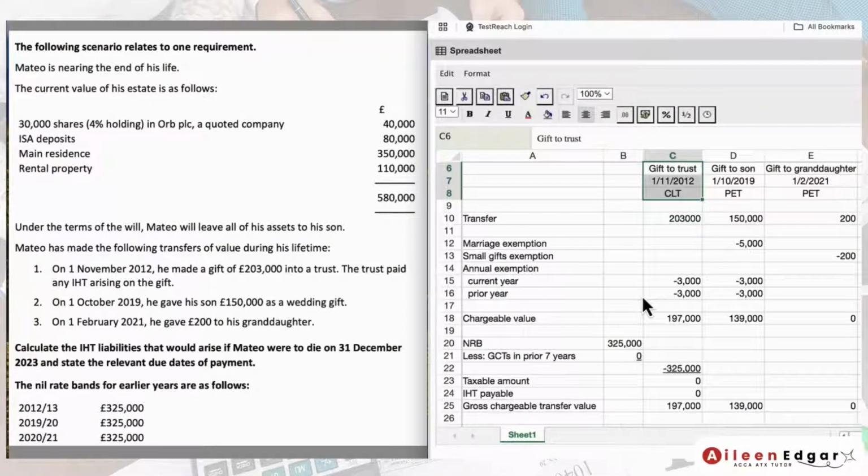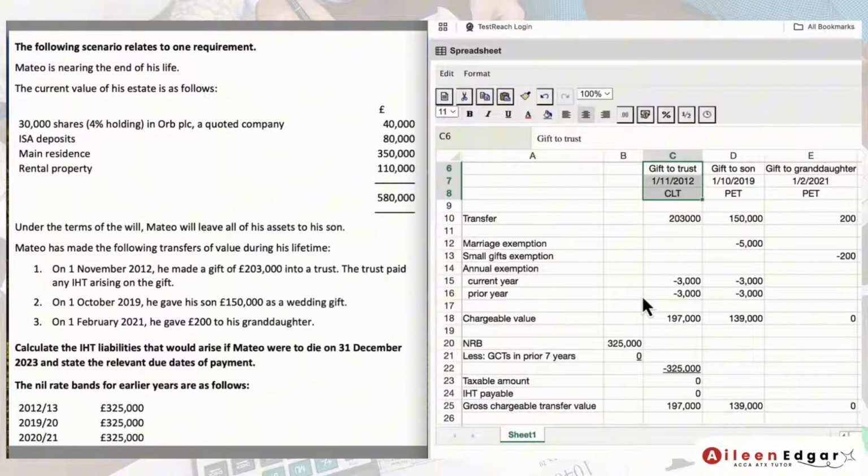And what that means for us is that we're not going to recalculate the tax calculation that we did previously. There is no need. If there had been some tax payable during the donor's lifetime on that gift to the trust, we wouldn't be adding any more to it. So the CLT falls outside of our 7-year window.